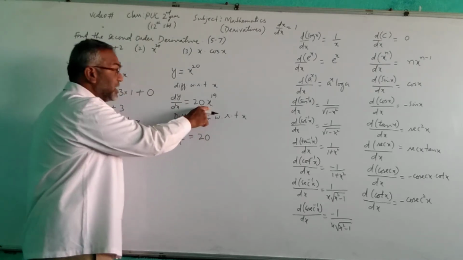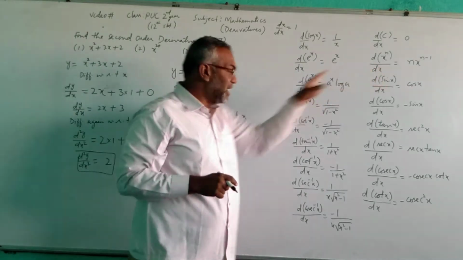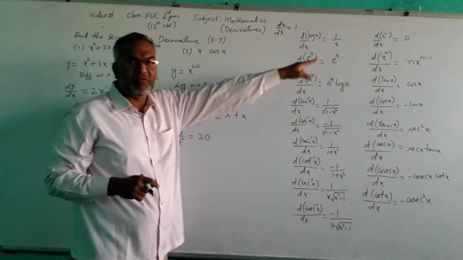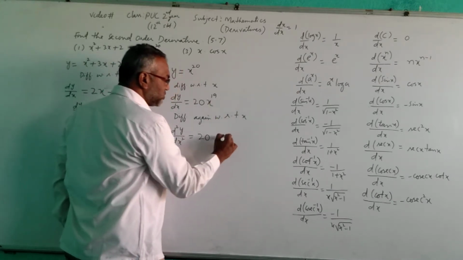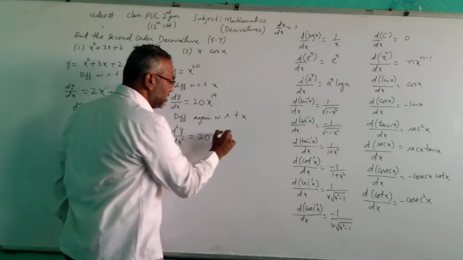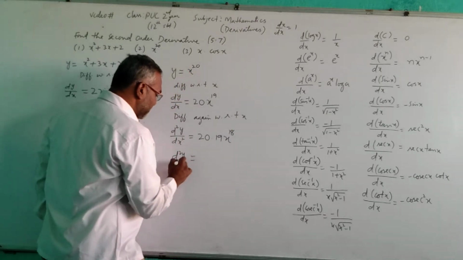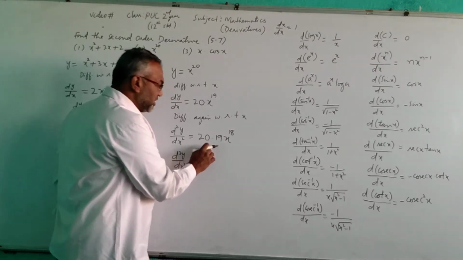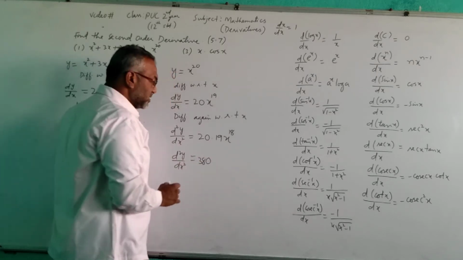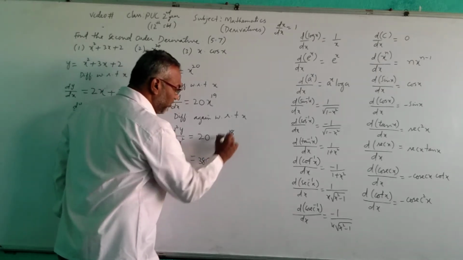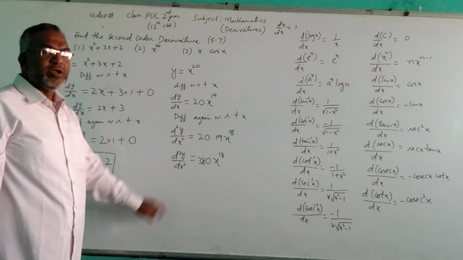Differentiate x raised to 19, which is the same as x raised to n. So it becomes 19 x to the power of 19 minus 1, that is 18. Now d2y by dx square becomes 19 into 20, that is 380, x to the power of 18. So this is the second order derivative.